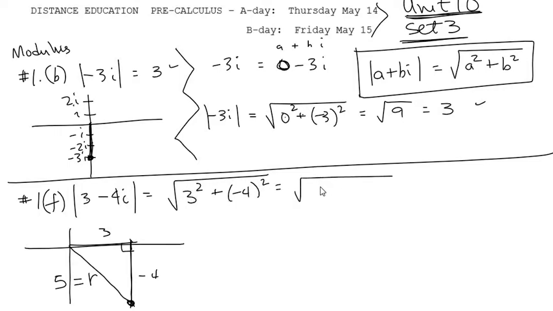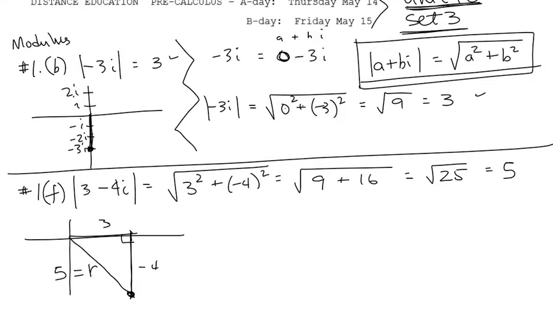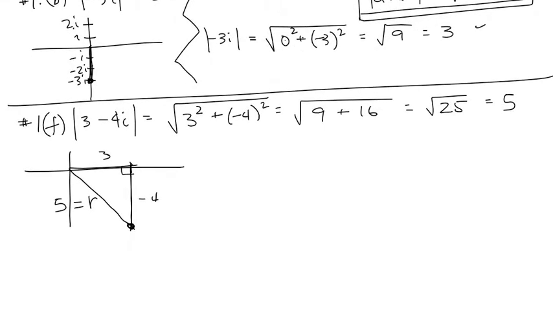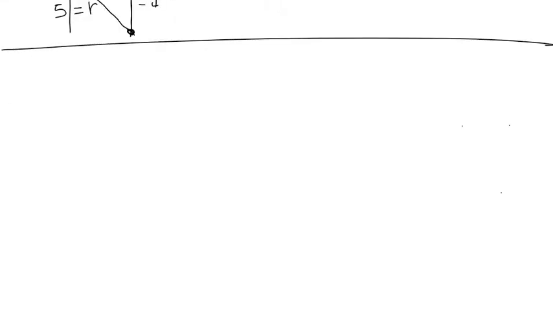So that's the square root of 9 plus 16. 9 and 16 makes 25, and the square root of 25 is 5. All right, so a couple of ways that you could come up with that modulus. You could know your 3, 4, 5 special right triangle, or again, you can just plug into the formula for the modulus, or the absolute value of the number.